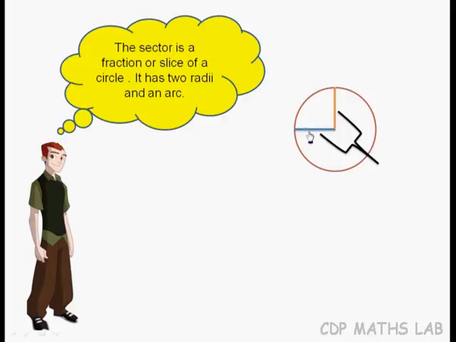It has two radii and an arc, which is this. So this area is called a sector, but you can have a minor sector and a major sector. So this area as well, this big area here, is also what? Sector.